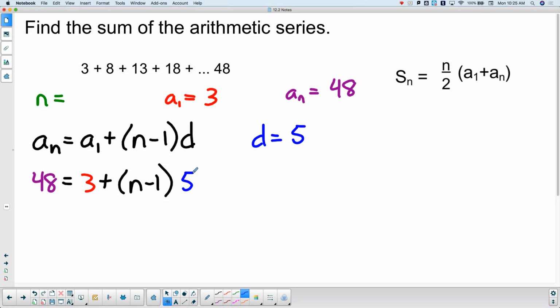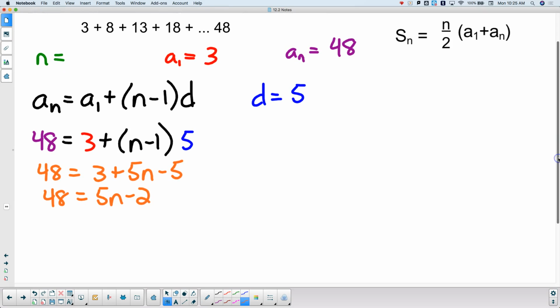And can I solve that equation for n? Yeah, I think we can. 48 is equal to 3 plus 5n minus 5. 48 is 5n minus 2. Add 2 to both sides. 50 is 5n. 10 is n.